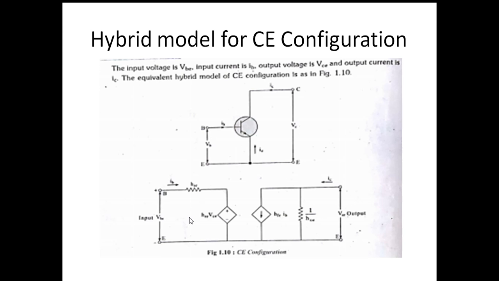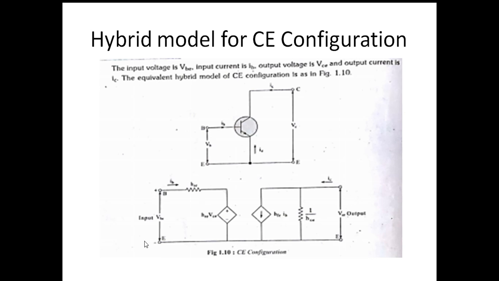First, before drawing this hybrid model, we have to specify which is emitter, which is base, and which is collector. This is the emitter terminal. This is the base terminal. This is the collector terminal.